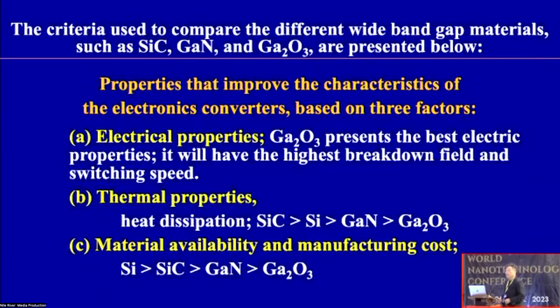First is electrical properties, and second is thermal properties. And last is material availability and manufacturing cost. This is a very important topic from the viewpoint of industry, based on my experience in industry.